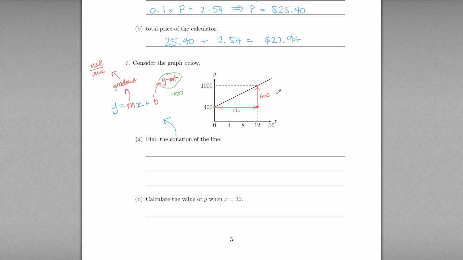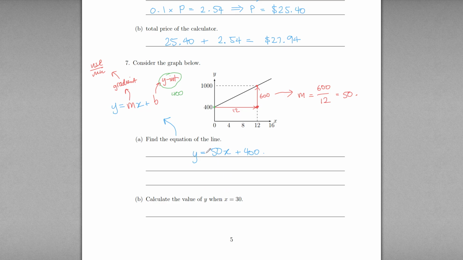Okay, and so from this we have that the gradient is how far up divided by how far across, which in this case will be 50. Okay, so once you have those two ingredients, 50 is your gradient, 400 is your y-intercept, your equation's kind of easy now. y equals gradient, so 50, x plus 400.